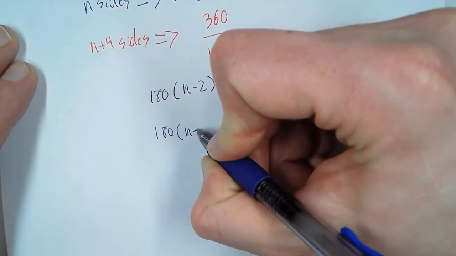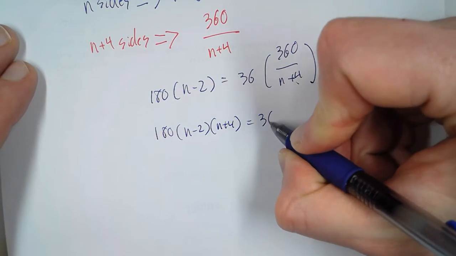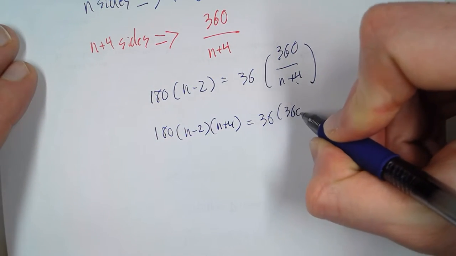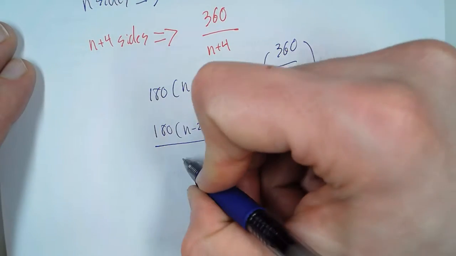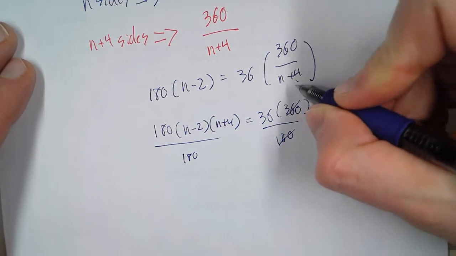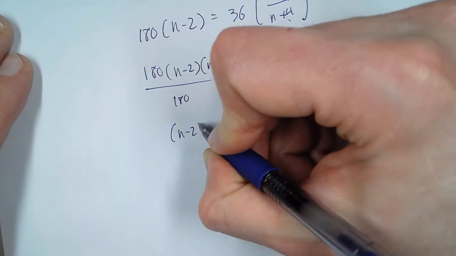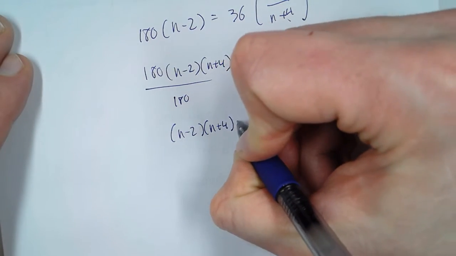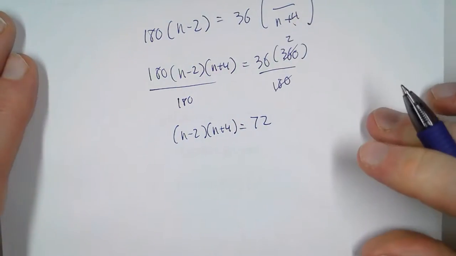So we have n minus 2 times n plus 4 equals 36 times 360. And what we'll do is divide both sides by 180. So that's going to cancel this out to 2. So we're going to have n minus 2 times n plus 4 equals 36 times 2, which is 72.